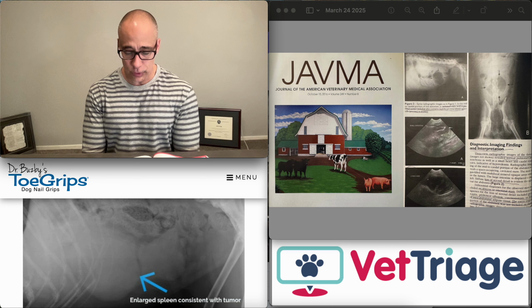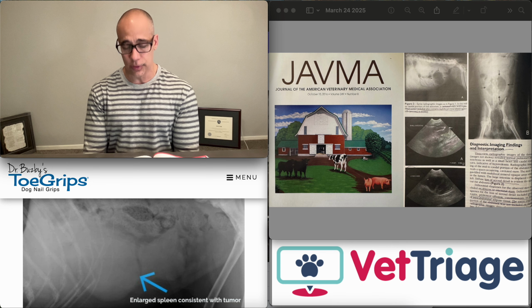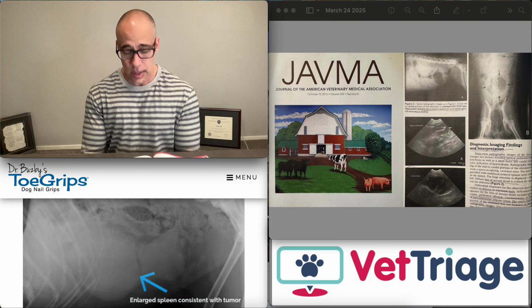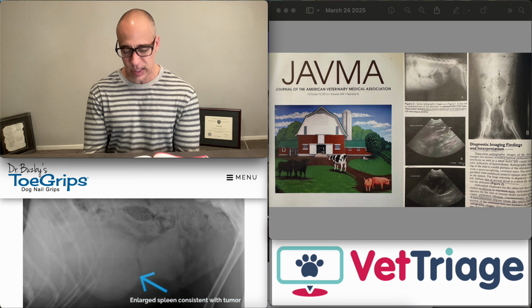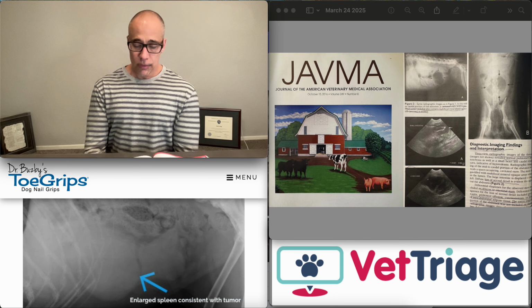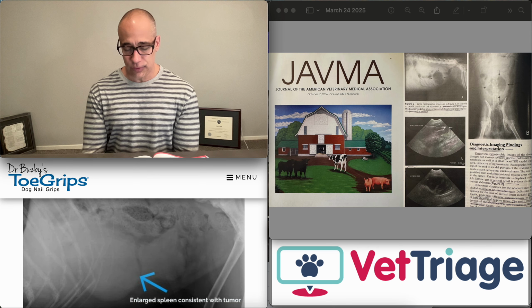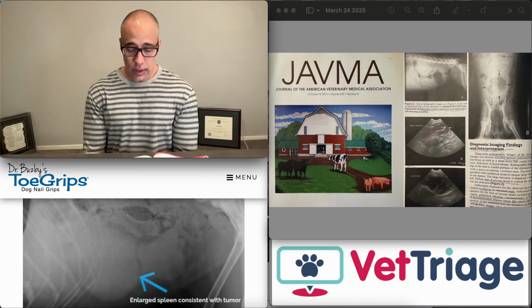Right off the bat, when you see neutrophilia and monocytosis, you should be thinking it's a partial stress leukogram or a stress leukogram. It could, of course, also be infection or inflammation or cancer related, but usually if you have normal lymphocytes, normal eosinophils, and elevated monocytes and neutrophils, you're thinking probably partial stress leukogram.